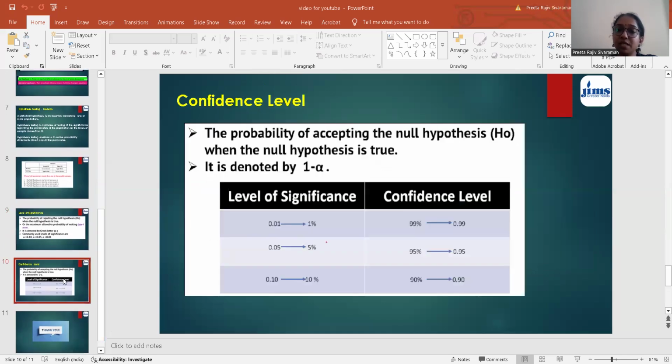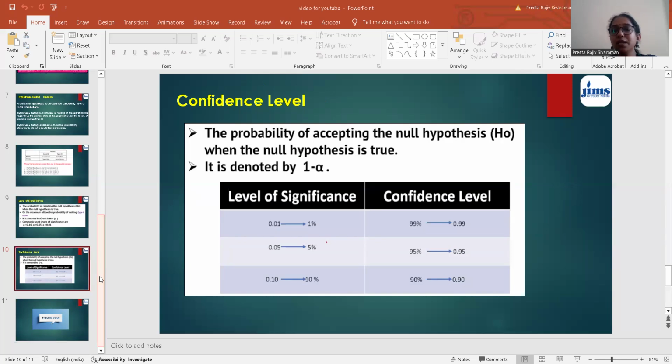The confidence level is related to the level of significance. It is the probability of accepting the null hypothesis when the null hypothesis is true, and it is denoted by 1 minus alpha. So we can see the confidence level for each level of significance. These are the three standard levels of significance allowed in hypothesis testing.